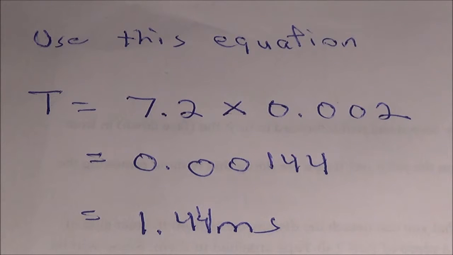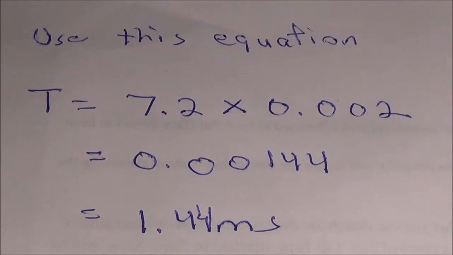Remember, we measured 7.2 horizontal divisions, and we had the horizontal sweep set for 2 milliseconds per division.